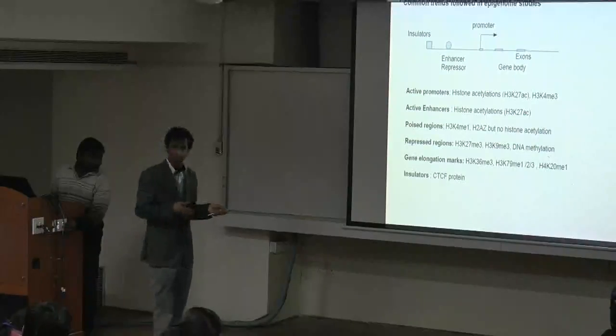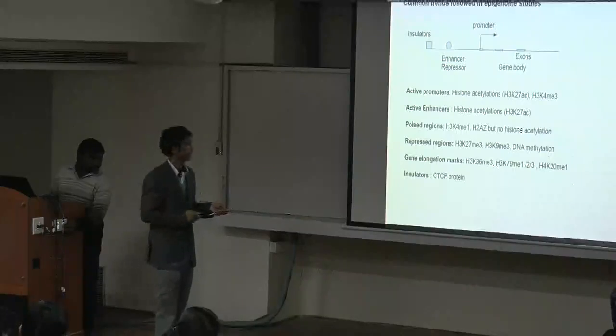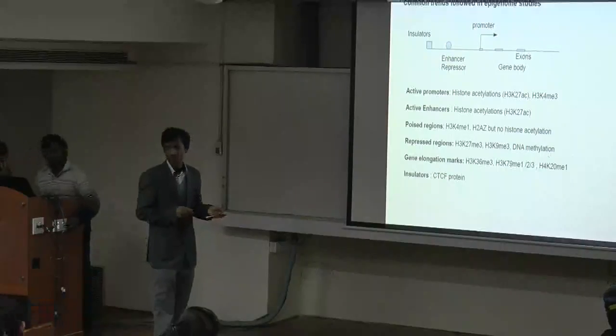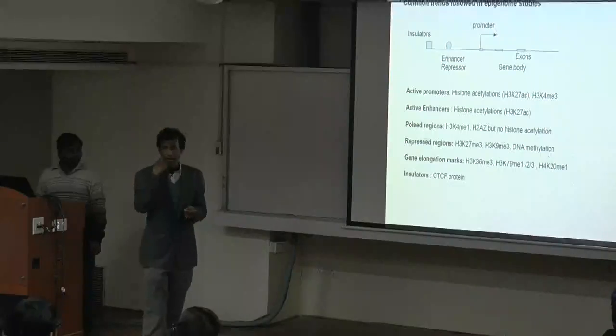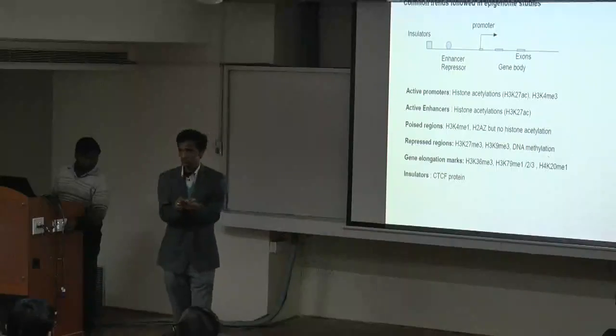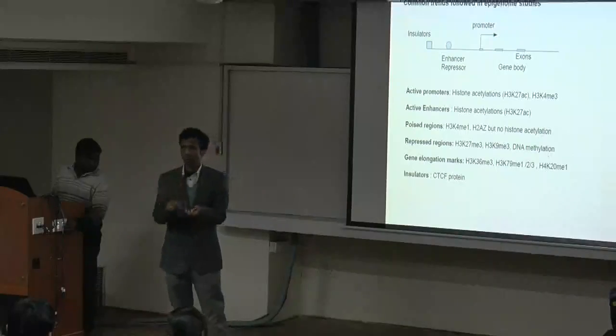Both regions have H3K4me1 or H2A.Z, a variant of histone H2A, and they don't have histone acetylation. So the region has no acetylation, but it has H3K4me1 or H2A.Z, and it will be active in the future. If you give a stimulation to the cell, these regions will come up faster than the repressed regions. That's the important point.